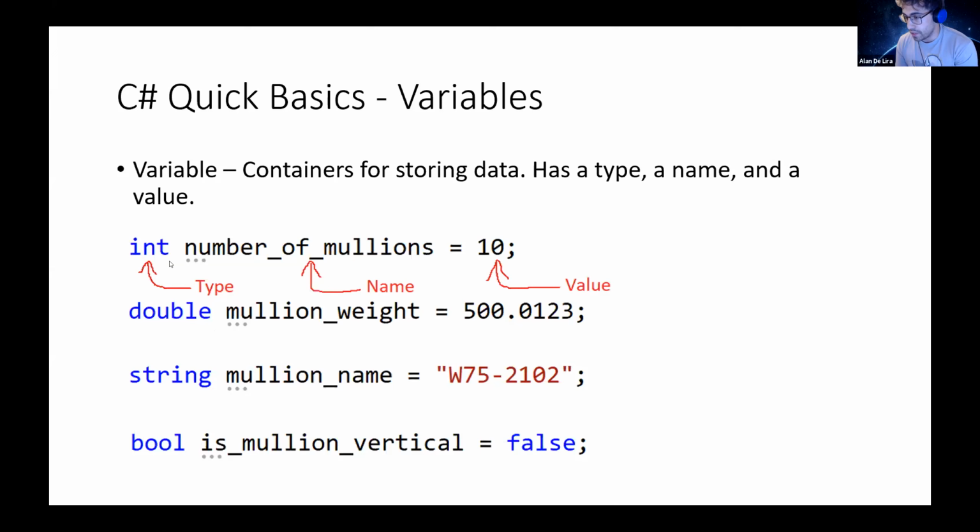But a double or an int couldn't store these letters because they're not numbers. And then for the last example, it's a bool. So this variable is mullion vertical. It's equal to false. And a bool is either just true or false. Any questions?